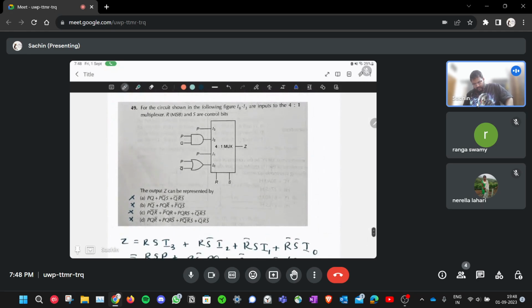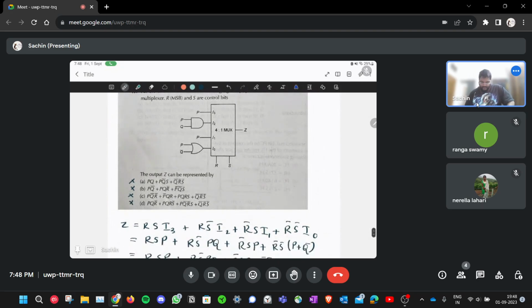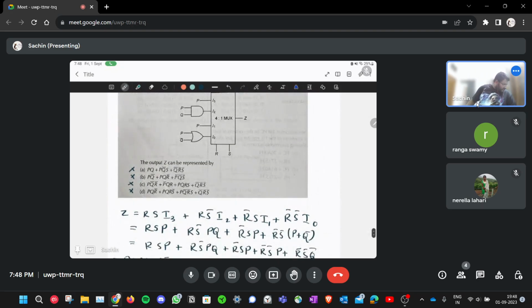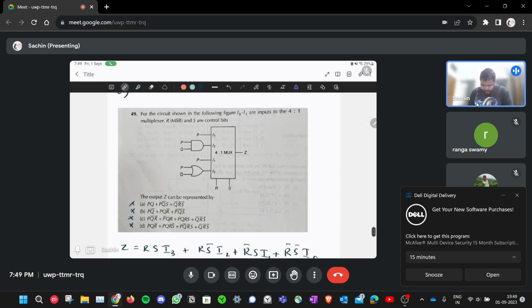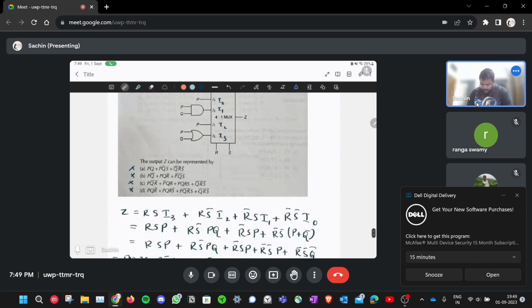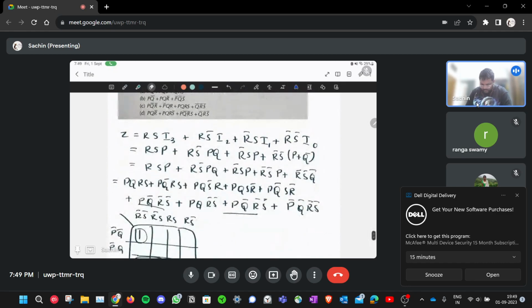Maybe there was a mistake in forming the question. In the solution that they have given, they have taken this to be I0, I1, I2, I3. So you can try solving that.